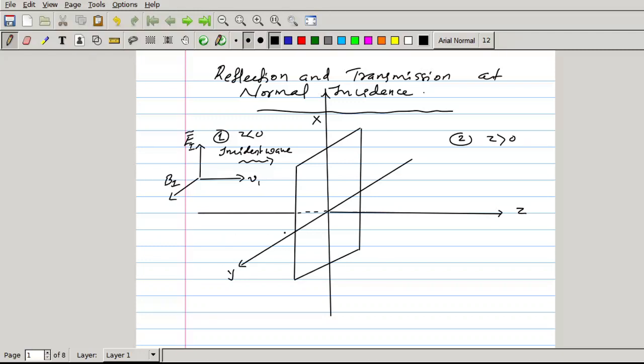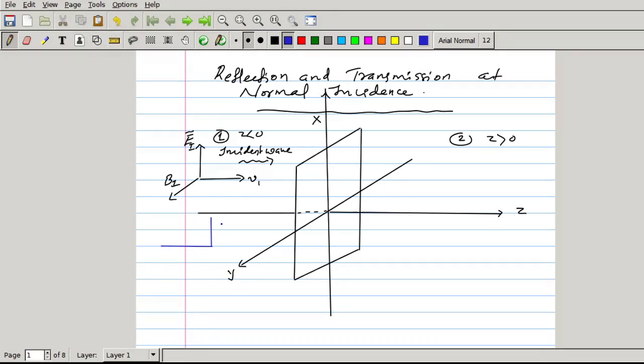Then some part of the wave will be reflected back. The reflected wave I am drawing using another color. The reflected wave is propagating in the negative z direction. Its electric field is along the positive x direction.